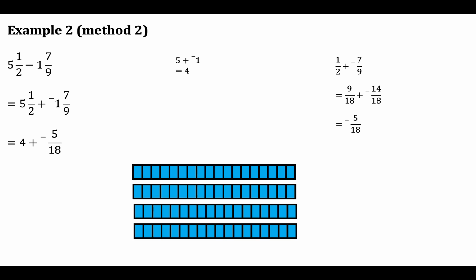If we look at a diagram of our 4 here in terms of our 18ths, we see this. And that's 72/18 plus negative 5/18. There's our negative 5/18. We're left with 67/18, which is the same as 3 and 13/18.